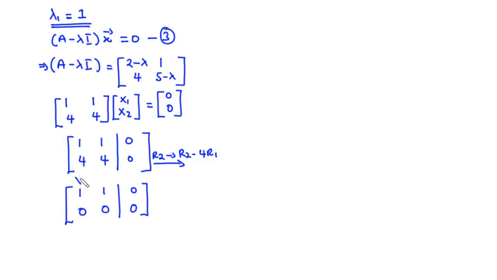Now we have this to be x1 and this to be x2. So we say that we have x1 plus x2 equals 0. Let's transpose x2 to the right hand side so that we have x1 equals negative x2. Now at this point, let's choose any arbitrary value for x2.